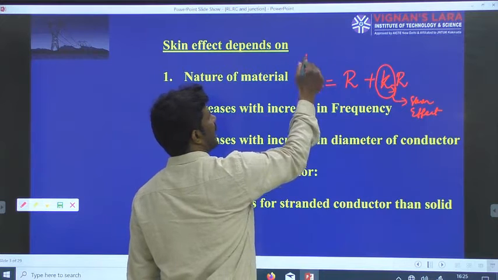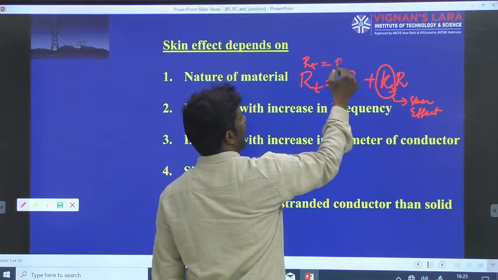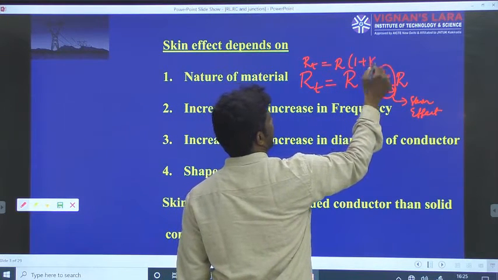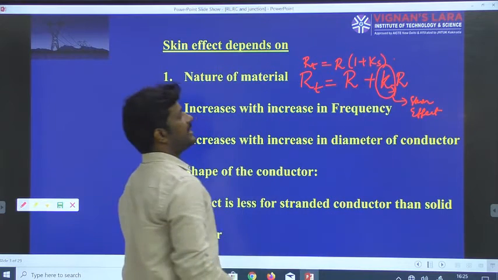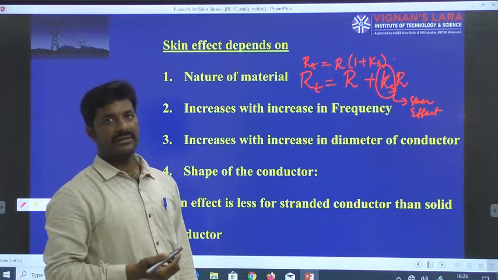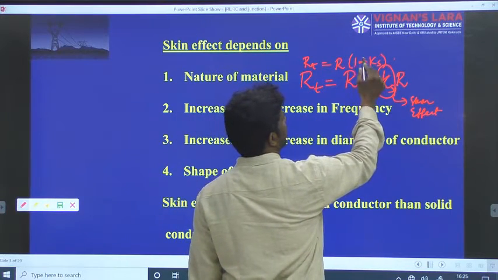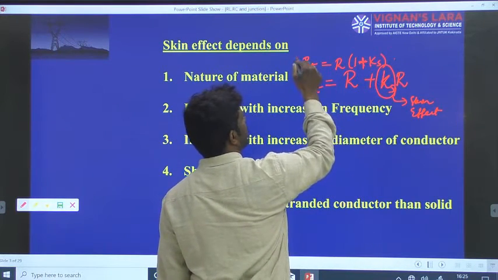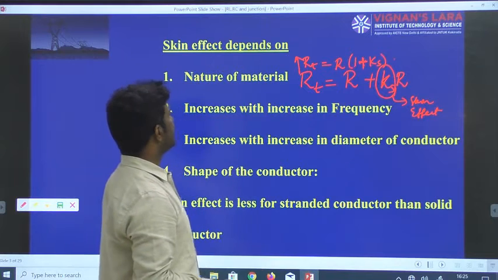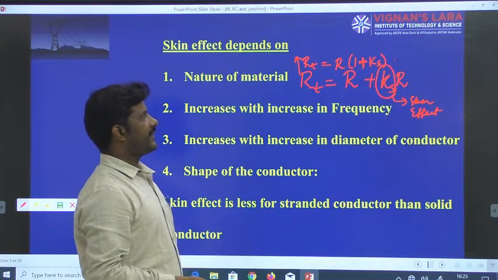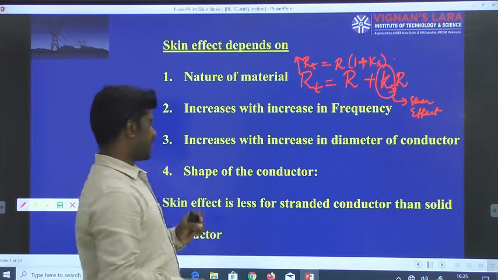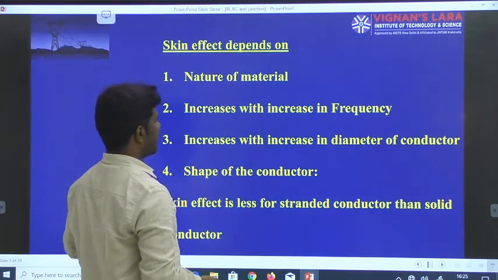So R total is equal to actual resistance into (1 plus Ks), and the Ks value is more than 1. So the total resistance increases in the conductor whenever it is subjected to skin effect.